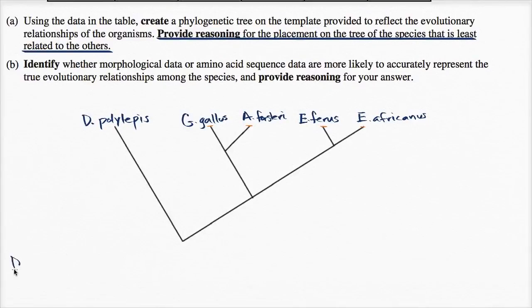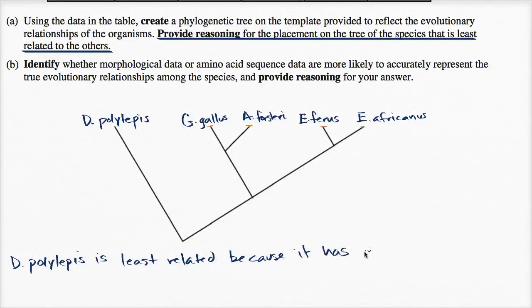D. polylepis is least related because it has a large amino acid sequence difference from the other 4.